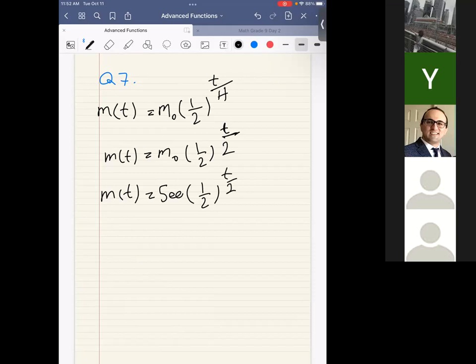So the question says, at what time is m of t equal to 5?